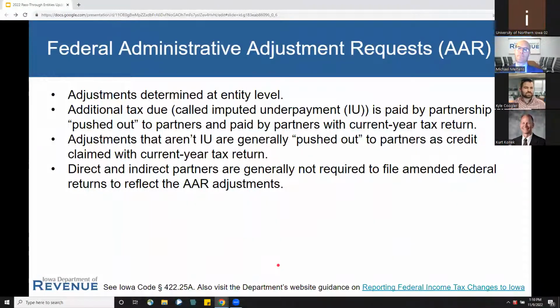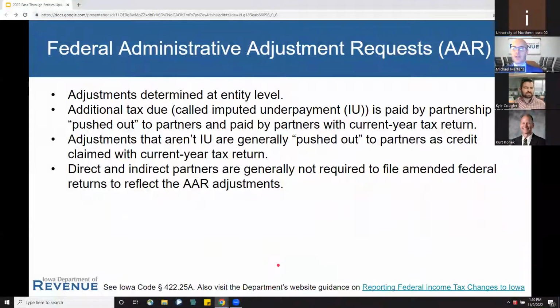amended returns. Under the Bipartisan Budget Act, partnerships are generally not going to be filing amended returns in the future. Instead, they file something called an administrative adjustment request. These are resolved a little bit differently than amended returns. When a partnership files an administrative adjustment request, all of those adjustments are determined at the entity level.